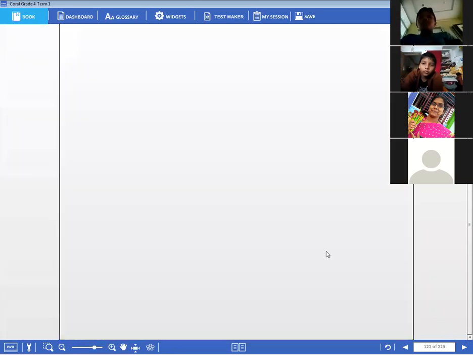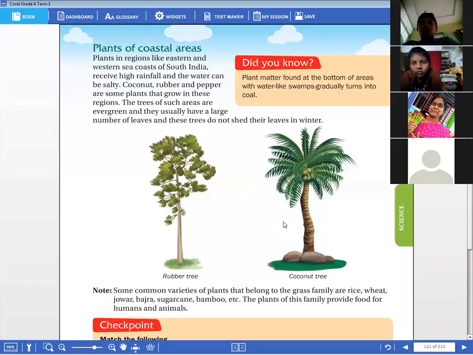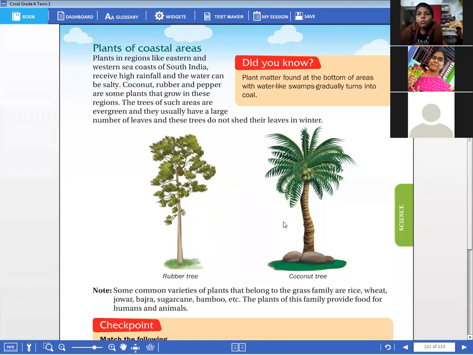Okay, let's discuss today's topic, plants of coastal areas. See, children, what is a coastal area? If you see a map, you can observe the border which divides the land area and water.